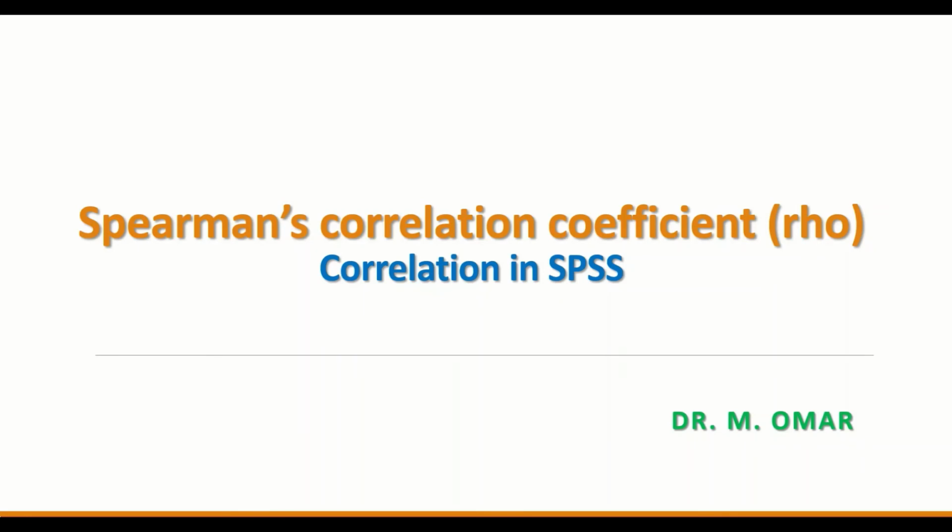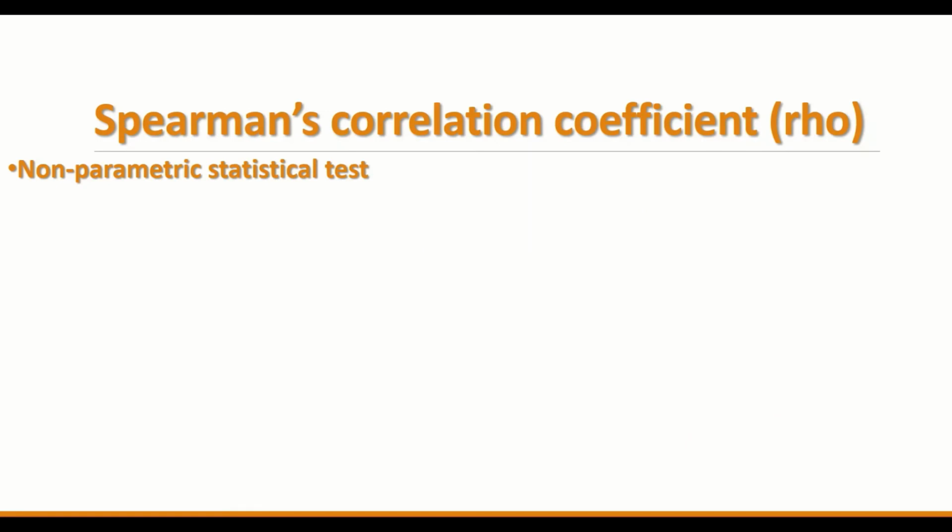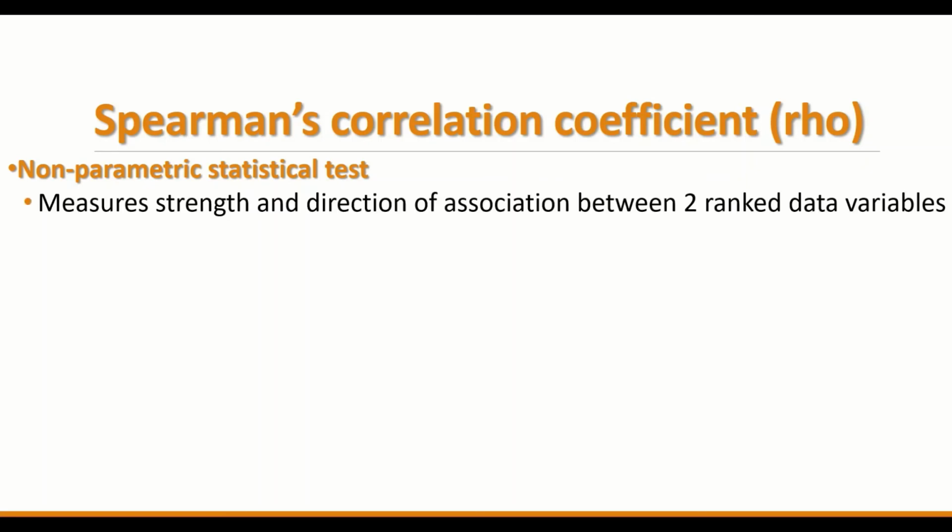Spearman's correlation coefficient, abbreviated as ρ. It is a non-parametric statistical test, so a test that is used when the data are not normally distributed.